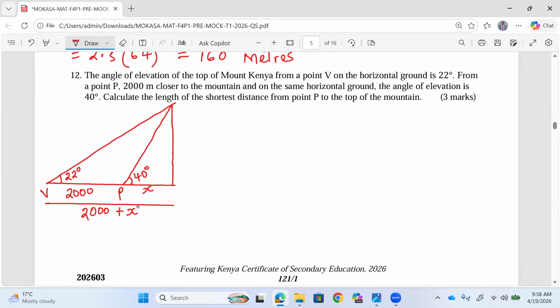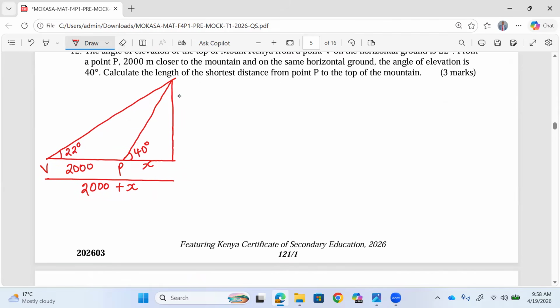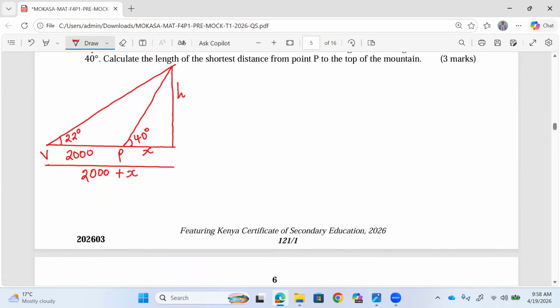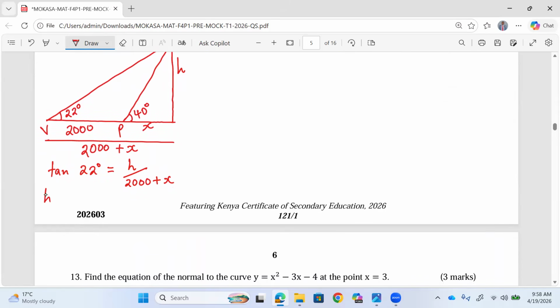So applying trigonometry, and this is a known height of the mountain, then we can say that the tangent of 22 degrees equals the opposite length, which is h, out of the adjacent length, which is 2,000 plus x, meaning that from this we can get an expression for h, which is 2,000 plus x, the tan of 22.